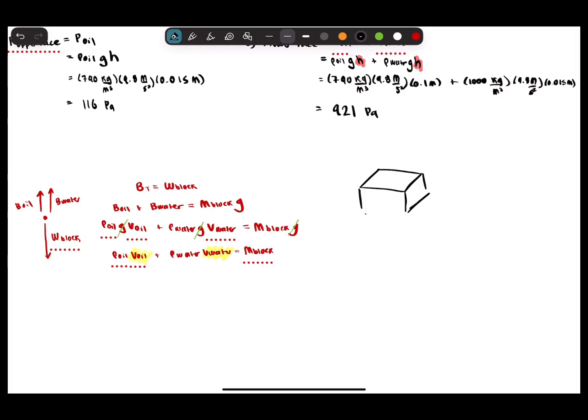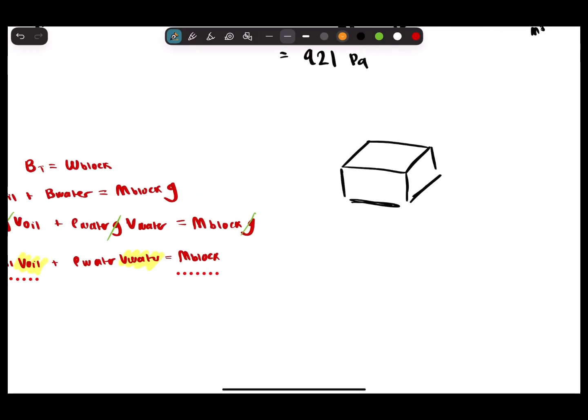I'm going to draw a cube, or replicate the cube in the diagram just to better demonstrate this. So this is a cube, so its width is 0.1 meters, its height is 0.1 meters, and its length is 0.1 meters.